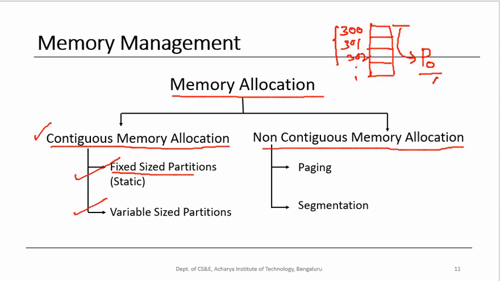Suppose P0 wants 4 bytes of memory locations, then it is given 300 to 303. Okay, a contiguous memory block is given to P0. So this is contiguous memory allocation. With this understanding, let's move forward and see what the fixed sized partition approach is.